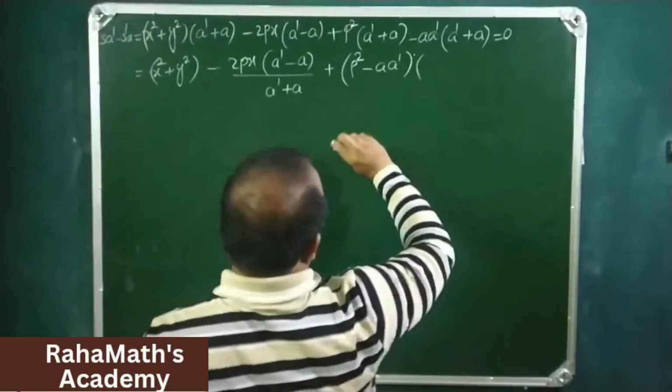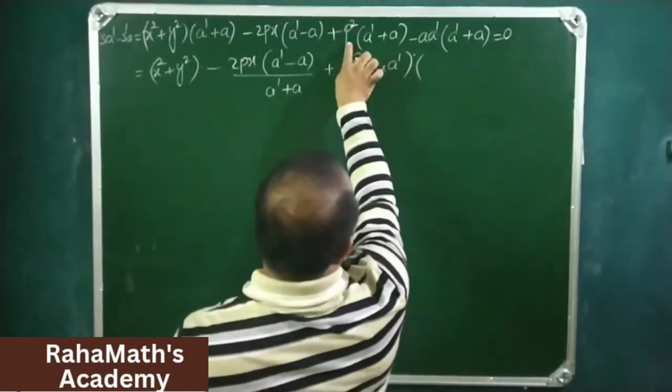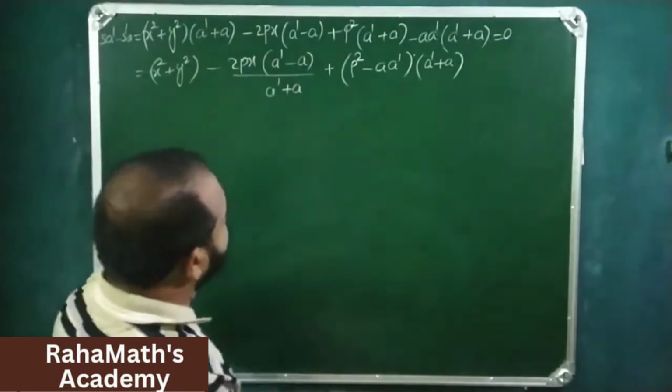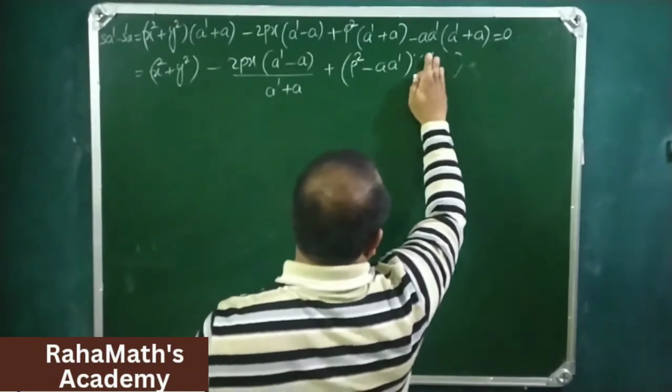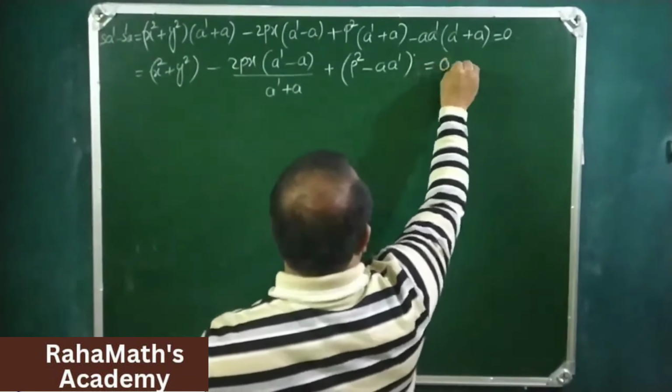So this into p square minus a dash. If I take common, here I am left with a dash plus a. Since I am dividing this whole equation by a dash plus a, that and this get cancelled and I am left with this equal to 0.